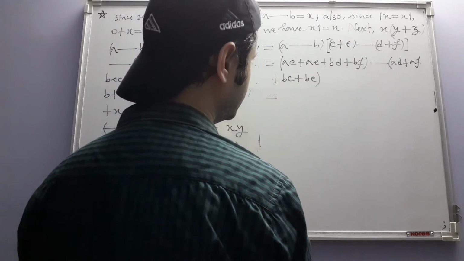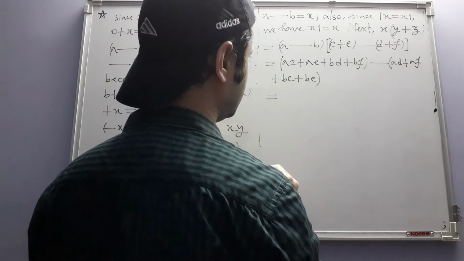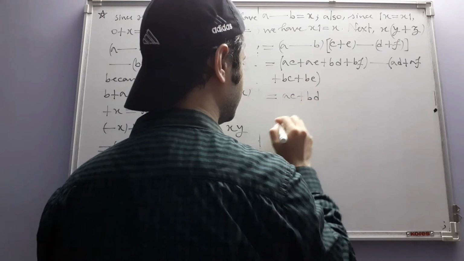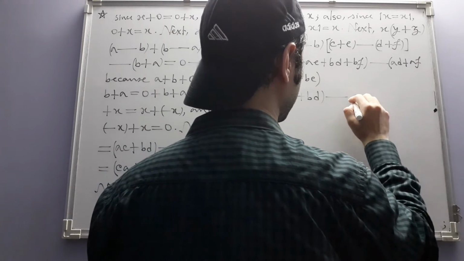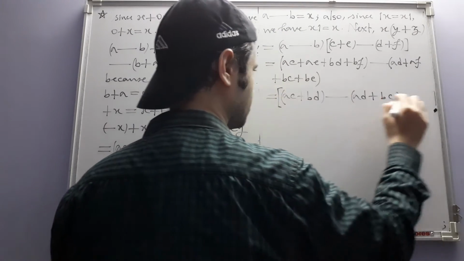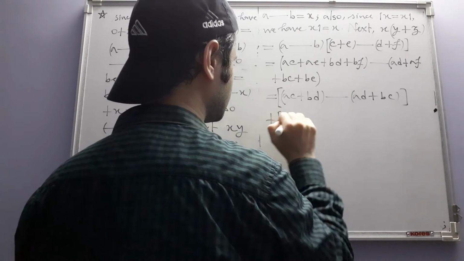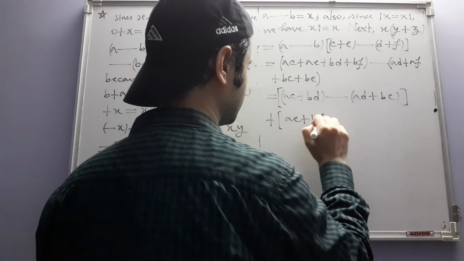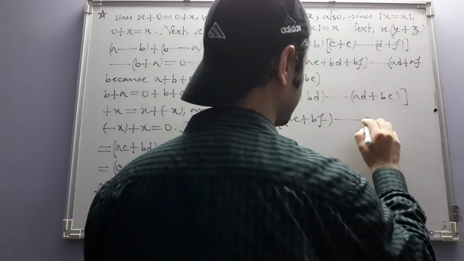Okay, now what do we need? We need AC and BD, so we are going to keep AC and BD, and with that we are going to keep AD and BC. This is one integer, plus the remaining ones, AE plus BF dash AF plus BE.